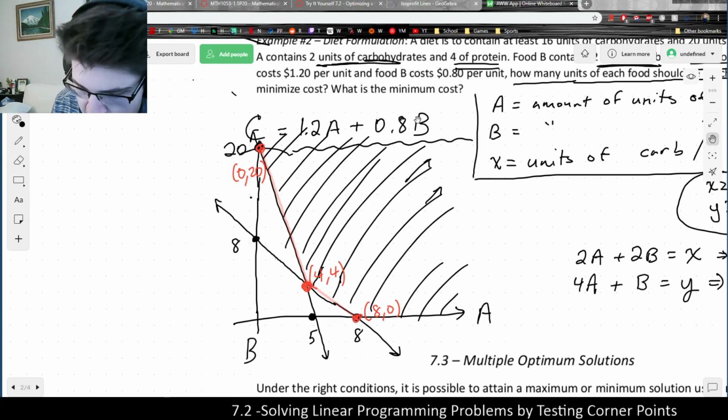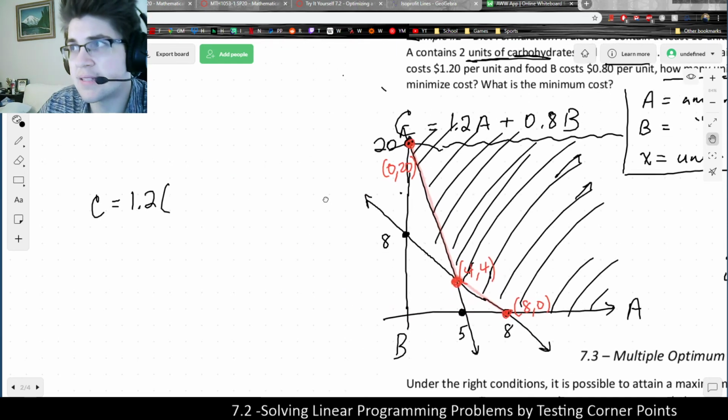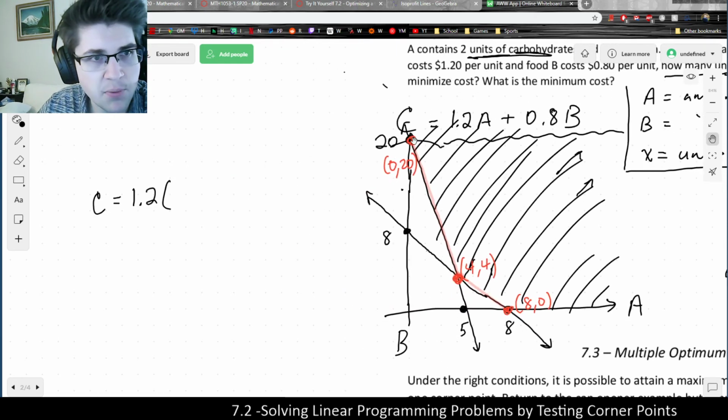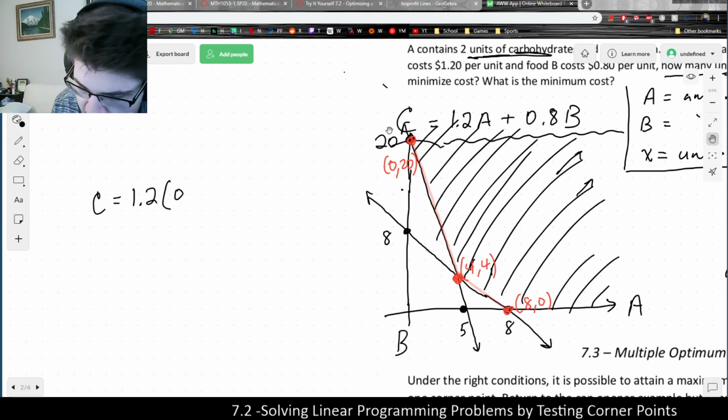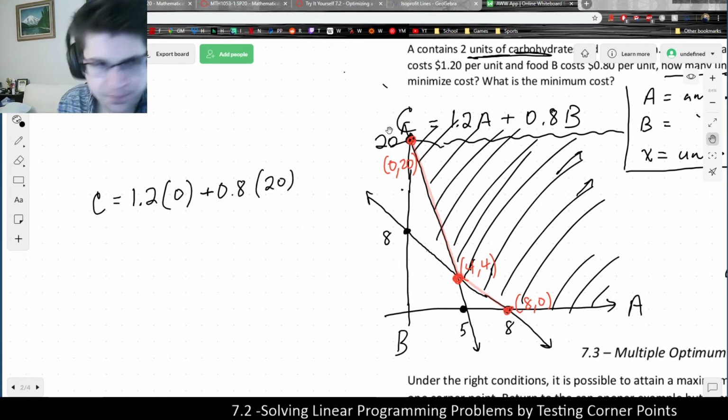So in the cost equation, it's $1.20 per the amount of A I bought. So let's start with, I guess, 0, 20. At that point, it suggests that I'm going to buy 0 of A, and I'm going to buy 20 units of B.